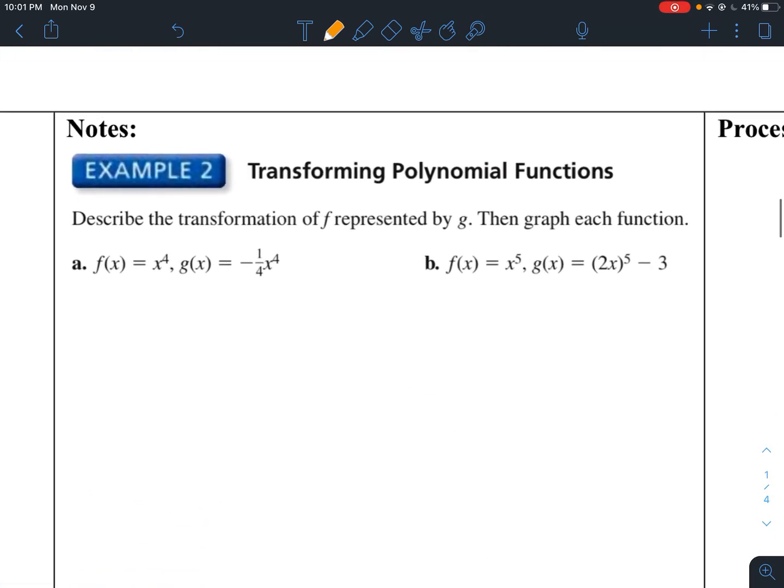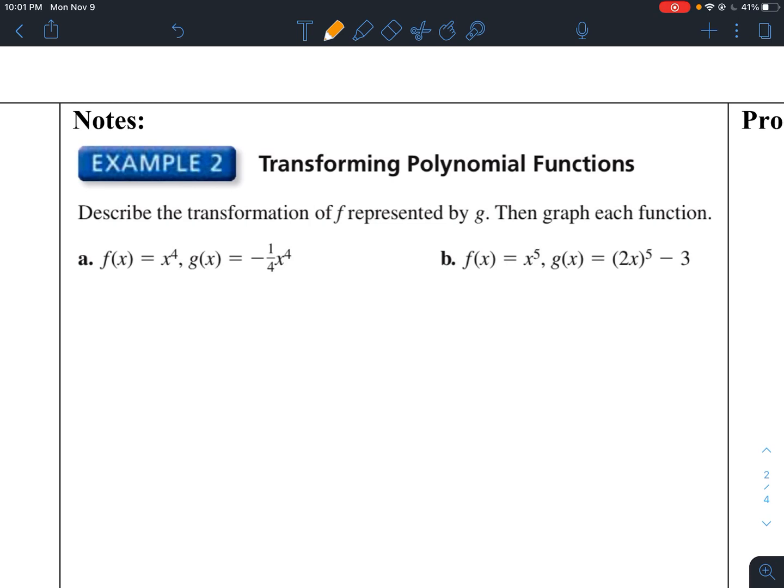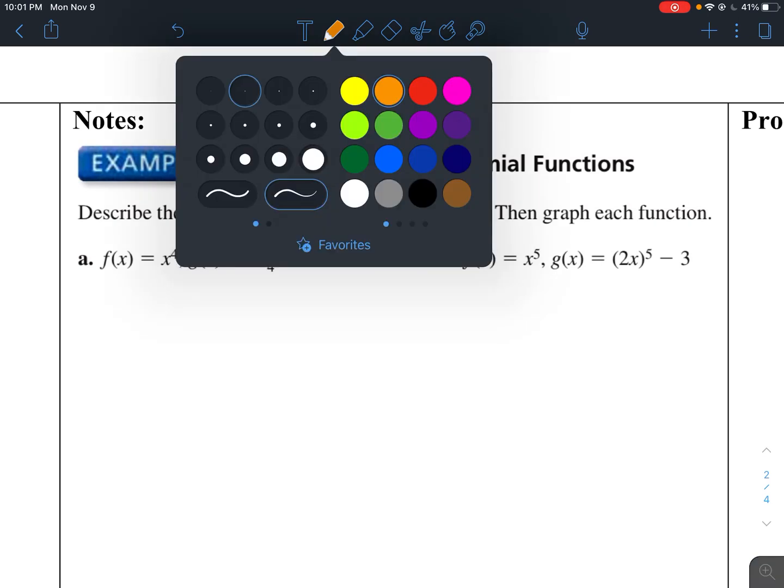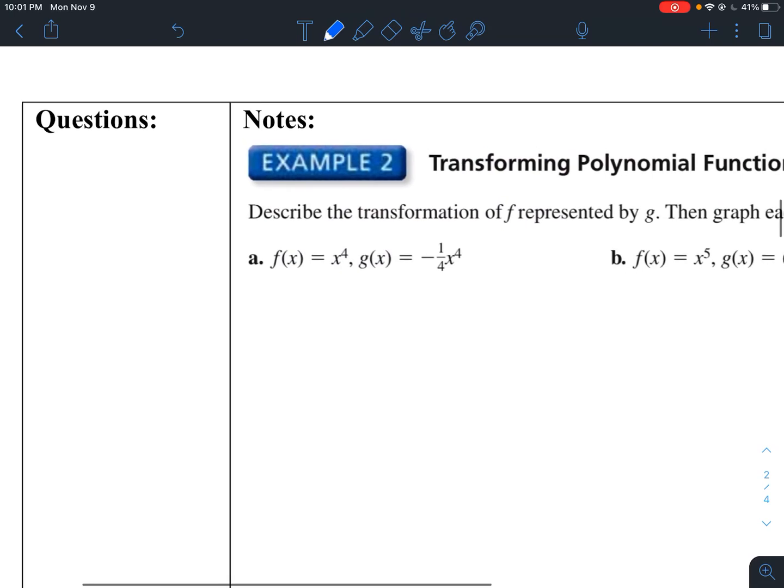Okay, let's jump down here, and it says to describe the transformation again, and then to graph. So if you guys want, you can pull out a graphing calculator and graph the parent function if you want to see, and pretty much graph both functions if you want to see what it is, but make sure you know how to describe the transformation. So if we were going to describe, so we have x to the fourth, so that's a quartic function.